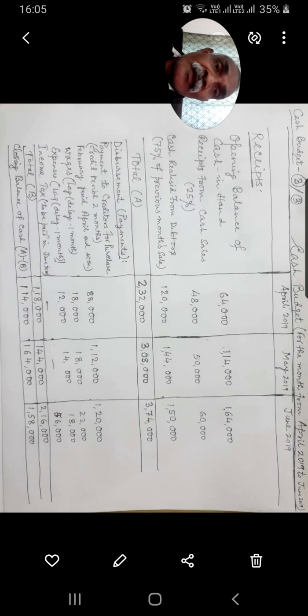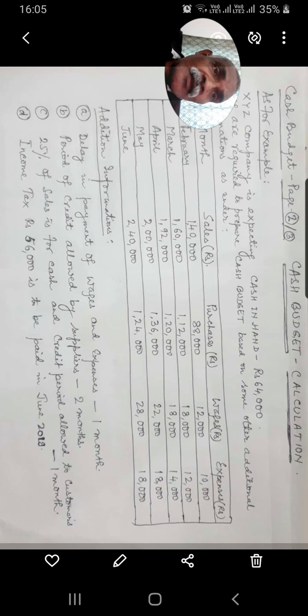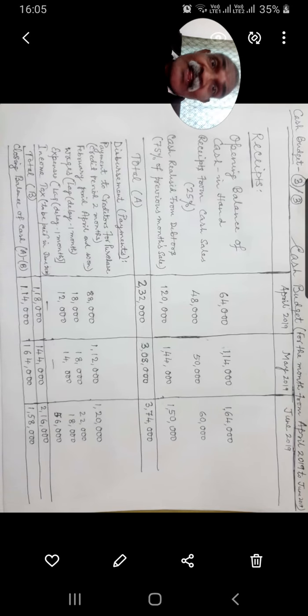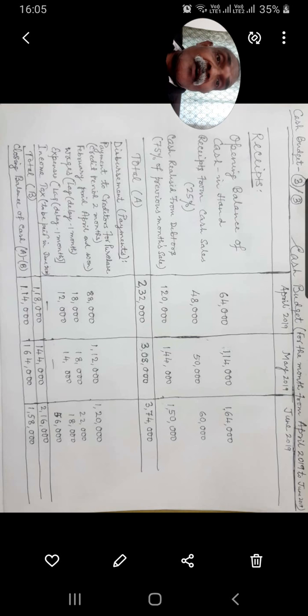There is nothing written that 25% of purchase is on cash as well as 75% on credit. If this type of situation is there, then you have to presume that total purchases are on credit basis, not on cash basis.